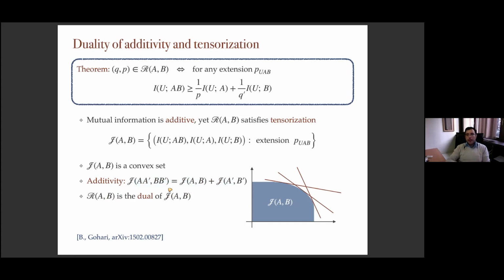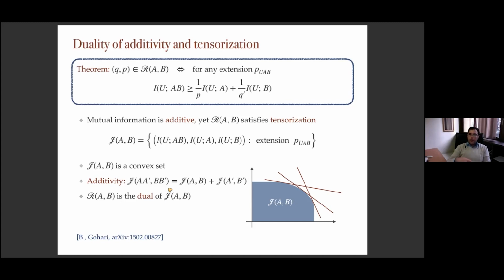The other point is that if I start with a source coding problem, usually for such problems the rate region satisfies a monotonicity property. So the dual also satisfies some monotonicity property, I mean the data processing inequality.